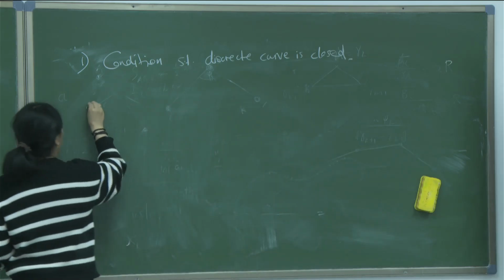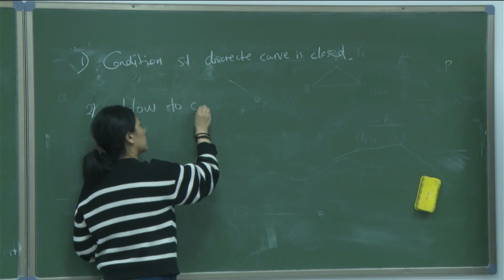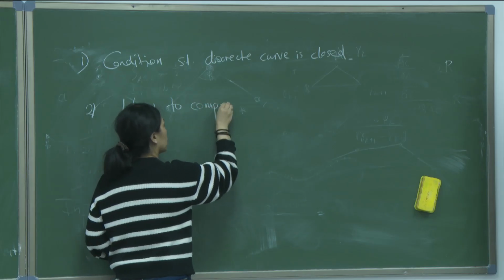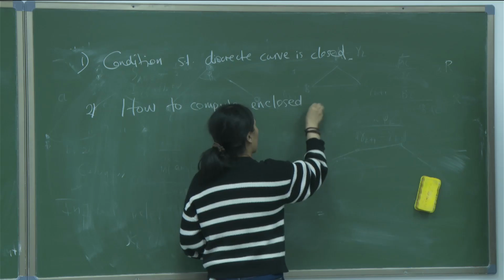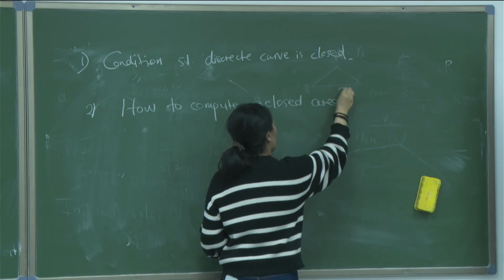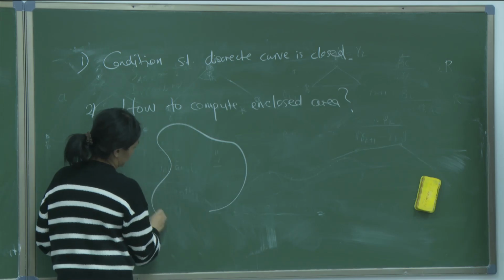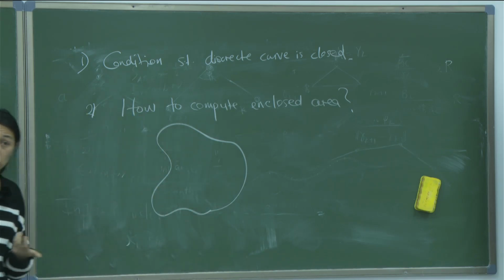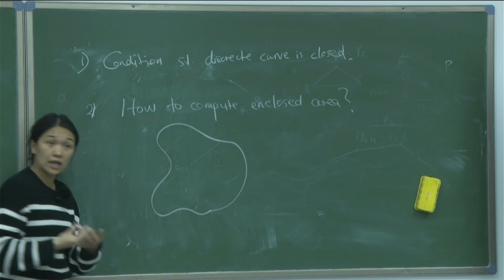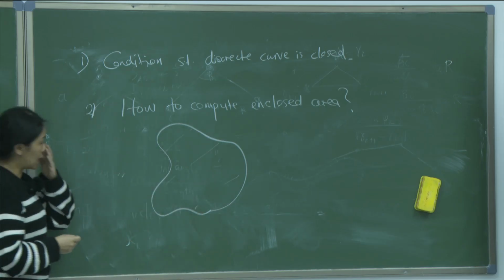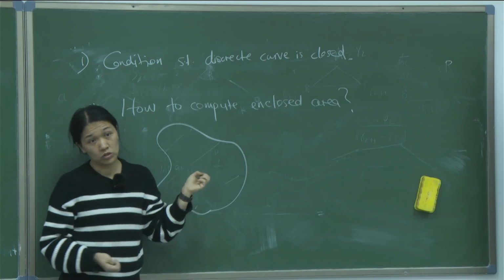Second, how to compute the enclosed area. Okay, so if I have a smooth curve, I would like to compute this enclosed area, meaning the area here. What can I do to do it? And how to use discrete approximations to actually compute it? Okay?